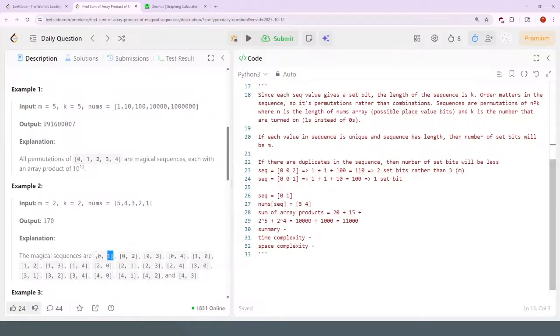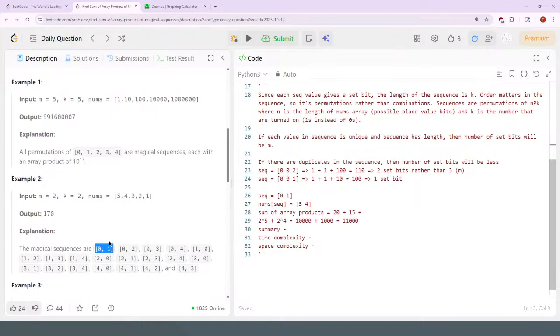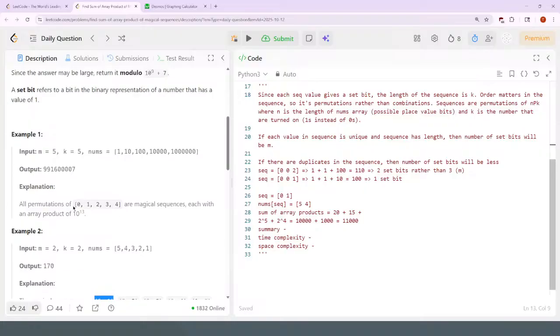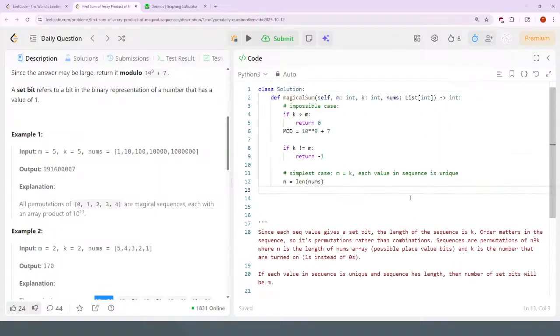A permutation that falls within the same combination of numbers, assuming they're all unique, is going to give the same product. So all 120 permutations of 0, 1, 2, 3, 4 would give the same multiplication. Okay, so what is that multiplication?